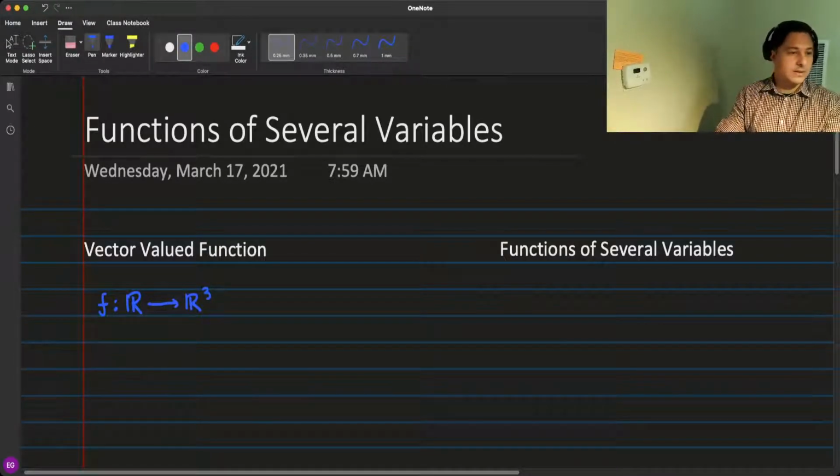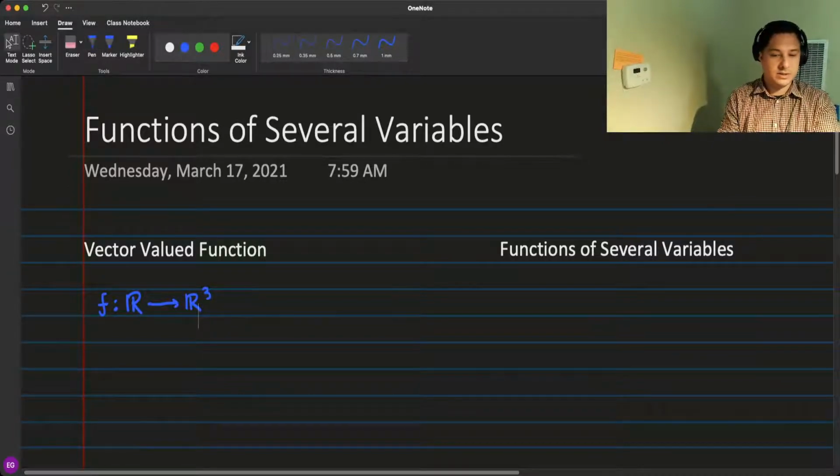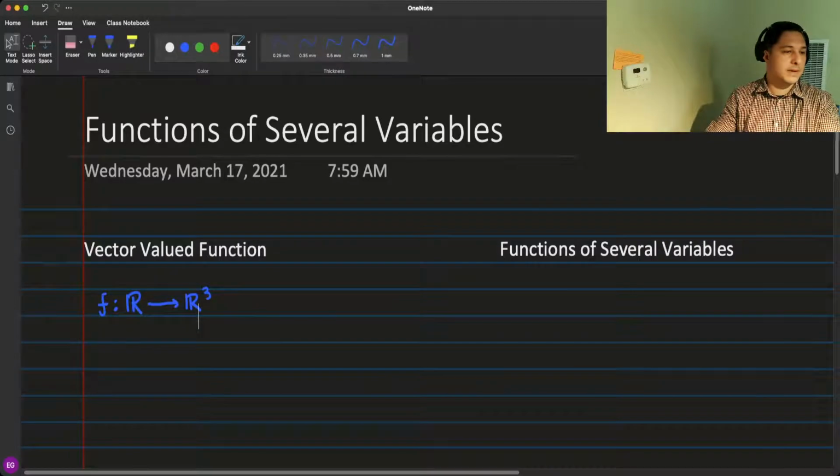So we have this little way of writing the function notation to talk about what's going on with the function. Let me spotlight it myself. There we go. Okay, so you can see here that I have f colon R to R3. Remember we talked about this a while ago, but I might as well remind you.